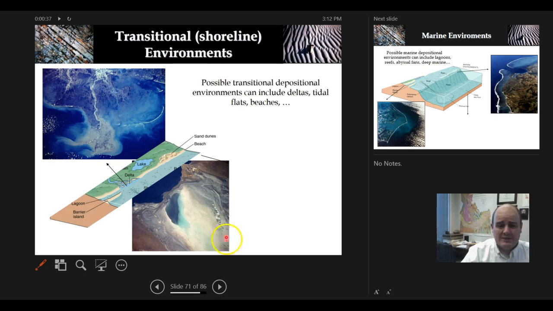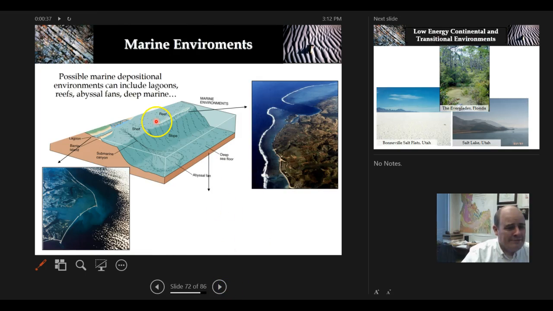Then we can have transitional environments like shoreline environments for deltas, lagoons like this, tidal flats, beaches, stuff like that. Then we have marine environments, which is like the reefs here, off the coast, the shelf deposits, and then even deep sea floor deposits. Those are all some examples.